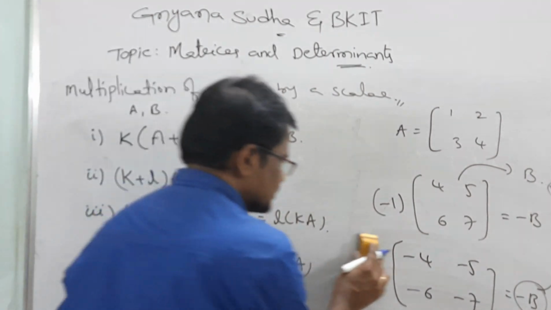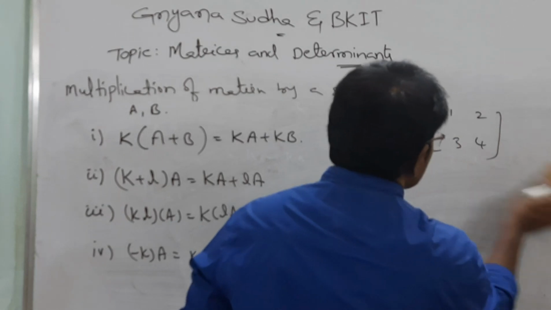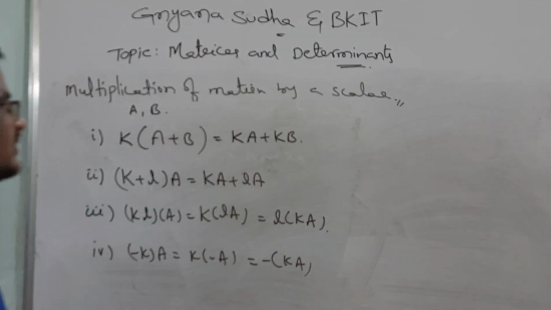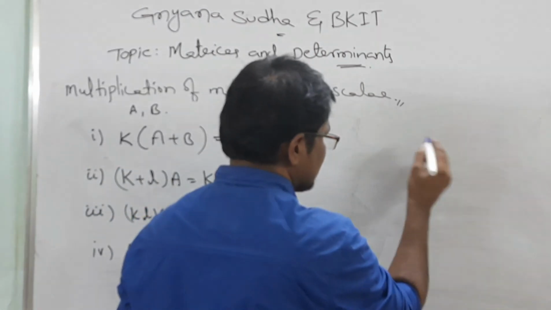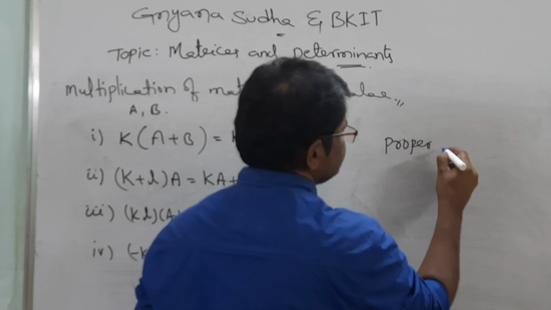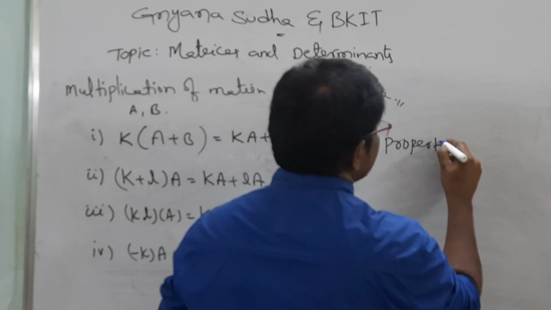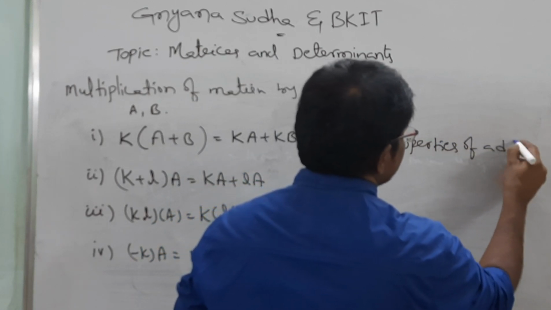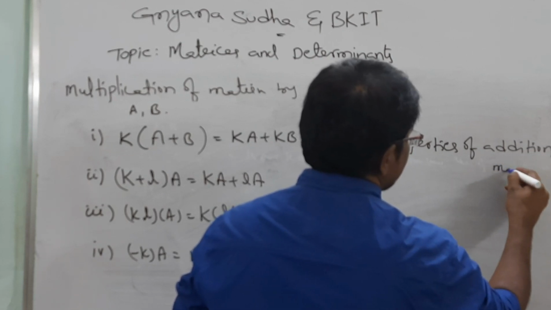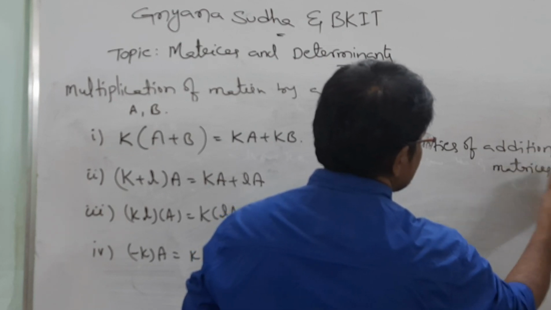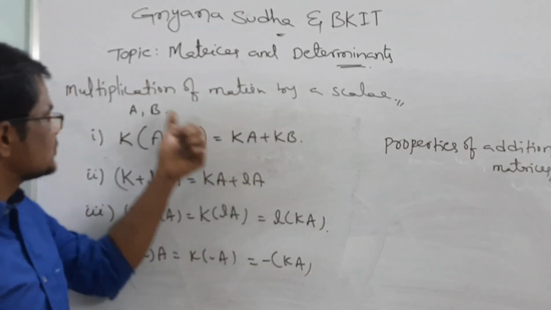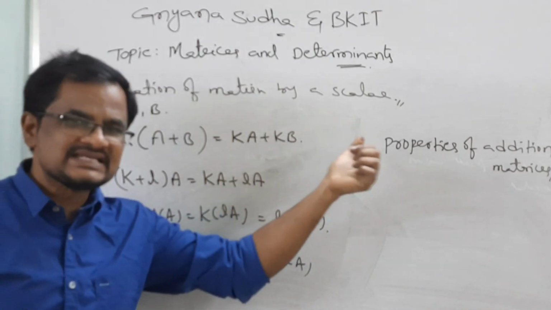Now next, properties of addition of matrices. So these properties are important. These properties belong to multiplication of a matrix by a scalar.